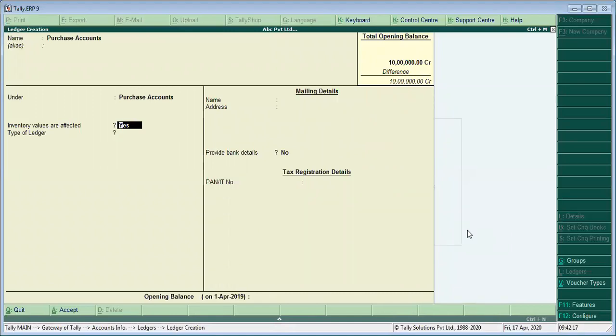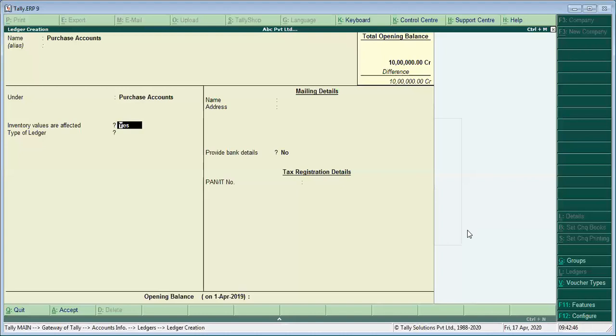So inventory values are affected is important only whenever the company is maintaining accounts with inventory. That means if the company is maintaining certain inventory transactions, then this inventory values are affected is very much important. Okay, I'm repeating. Suppose if any company is maintaining accounts with inventory transactions, it is very much important.